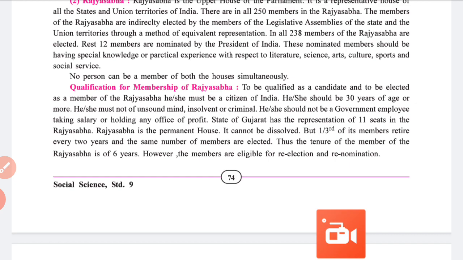Suppose there are 12 members in a committee of Rajya Sabha, so one third of 12 means 4 every 2 years. They retire, and the same number, 4 other members, are elected. So every member's tenure is 6 years in Rajya Sabha.